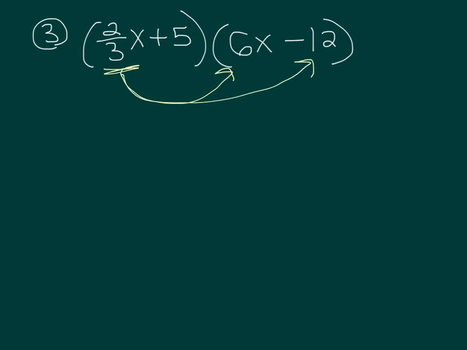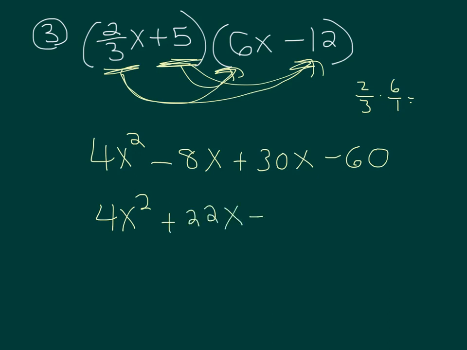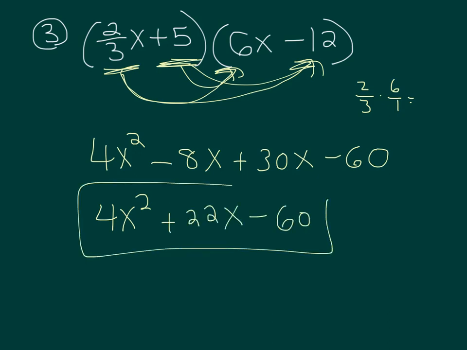So 2/3 times 6 over 1 gives you 4, so 4x squared minus 8x plus, and now we're on to the 5, 30x minus 60. So we end up with 4x squared plus 22x minus 60. And that's it.